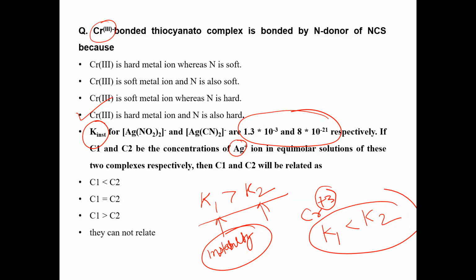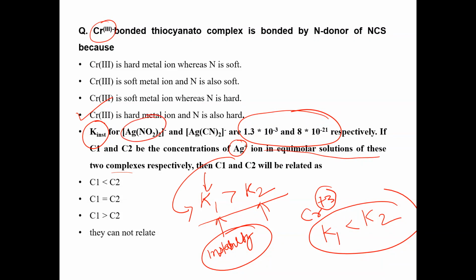So what will be the concentration of silver ion in equimolar solution for this complex? You can see easily, if this complex is unstable, more silver ions will be there in the case of this first one.